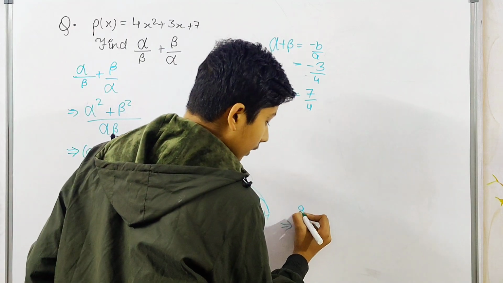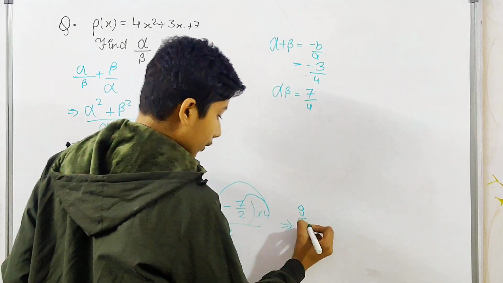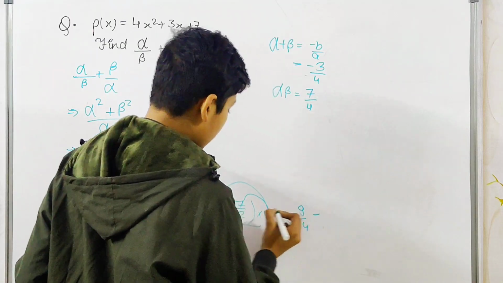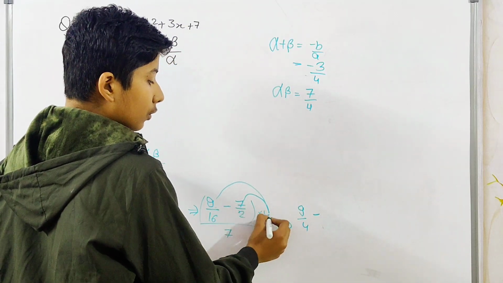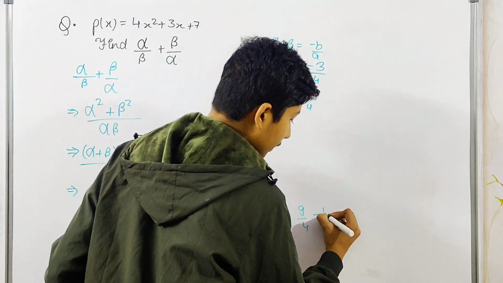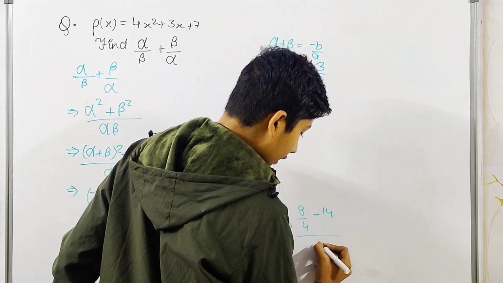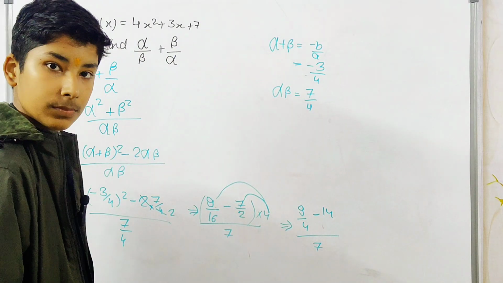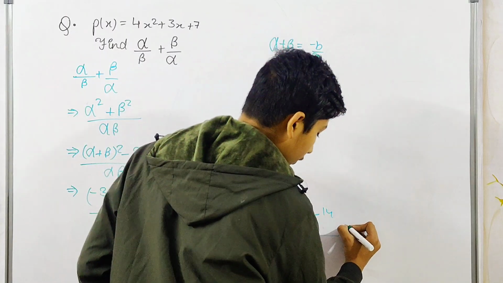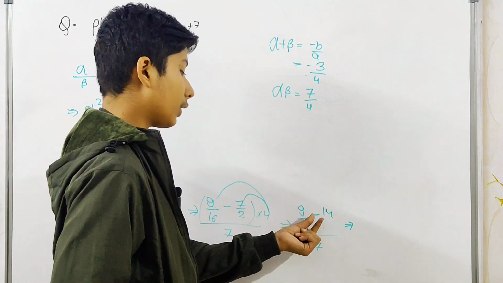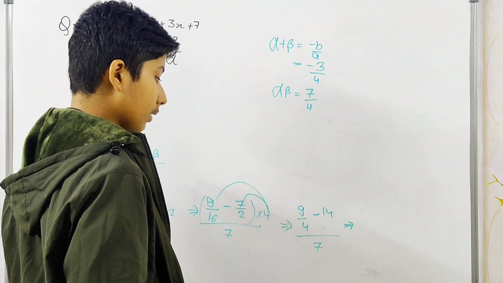So 9 upon 4 minus 7 and 2 to the 4. So 7 into 2 which is 14 again divided by 7. Okay. Now it would be 14 fours are 56.